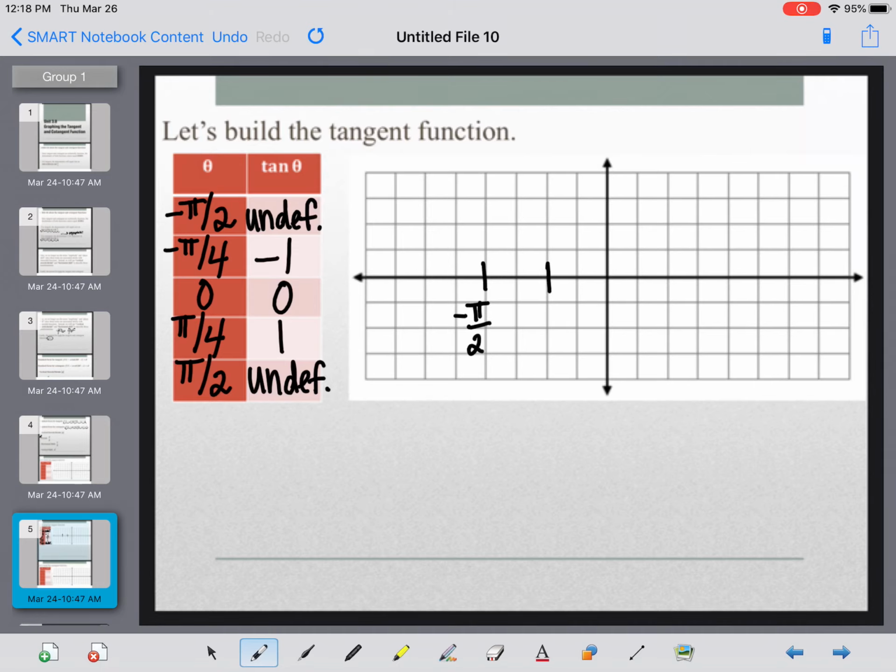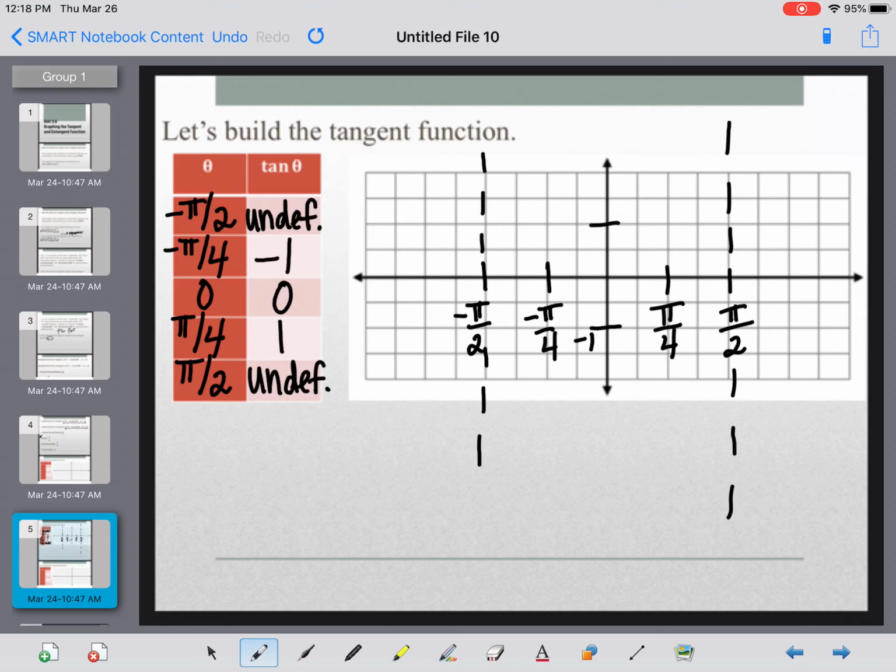I'm going to space this out a little bit. We said that any of those undefined values were going to show up as asymptotes in the graph. And then we have 3 points that we're plotting.